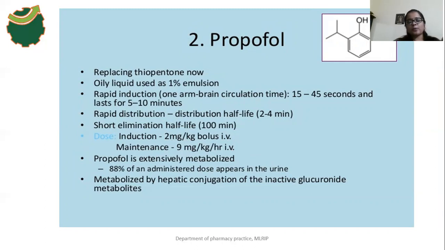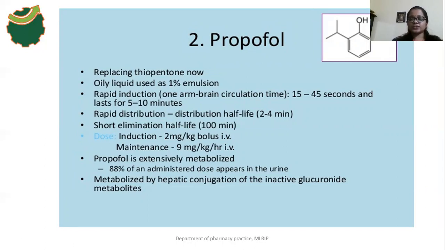This propofol is extensively metabolized. 88% of the administered dose appears in the urine, because the drug is highly metabolized in the liver, so it is highly excreted through the urine. The drug is metabolized in the liver by the conjugation process, and it is conjugated with glucuronic acid.